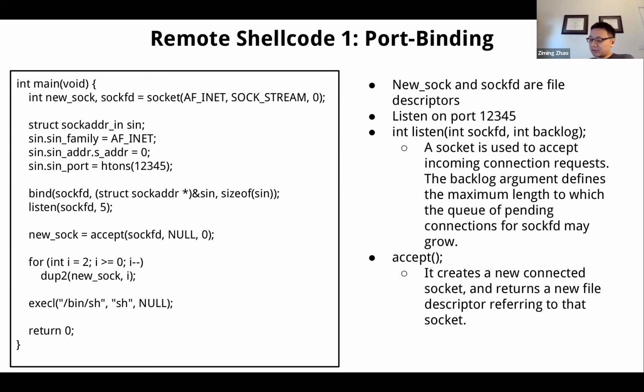So the attacker has to somehow create a shell on that server, on the victim server, and make that shell listen to our remote commands like cat flag. It will be a remote command, or it will run cat flag, but send that back to the attacker's computer through the internet, right? So this is called the remote shellcode.